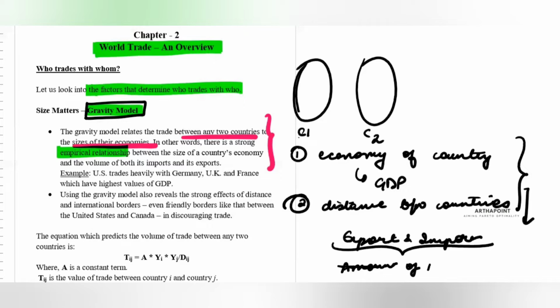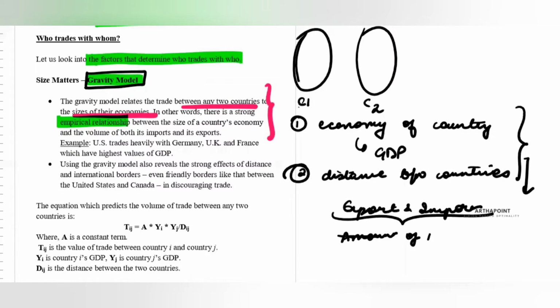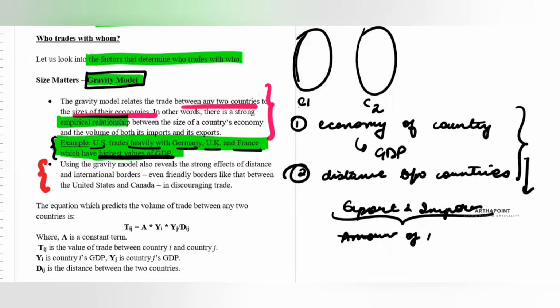Let's take an example. We have seen that the US trades heavily with Germany, UK, and France, which are countries with the highest values of GDP, which means the US trades with countries where the GDP is high. Using the same gravity model, it is also seen that there is a relationship between distance and trade, and also international borders.